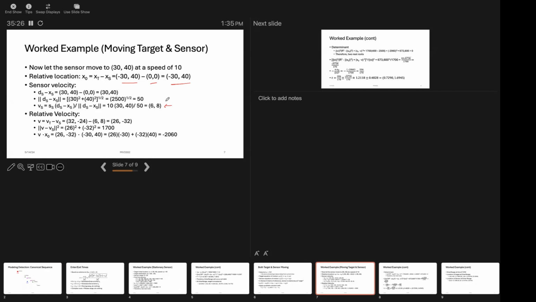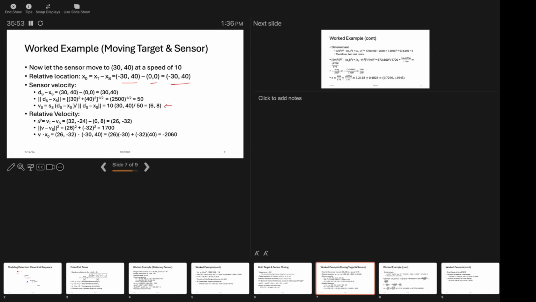And sometimes it's helpful to do a double check on this, to see whether there's been a mess up here. The magnitude squared would better equal our speed squared. So this would be 36 plus 64, that's 100. So that's 10 squared, check. Okay, so now we have the equation of motion of both the sensor and the target.